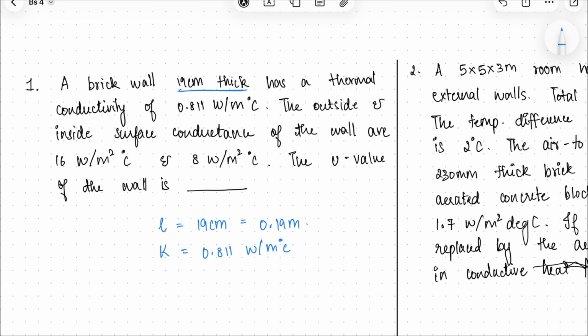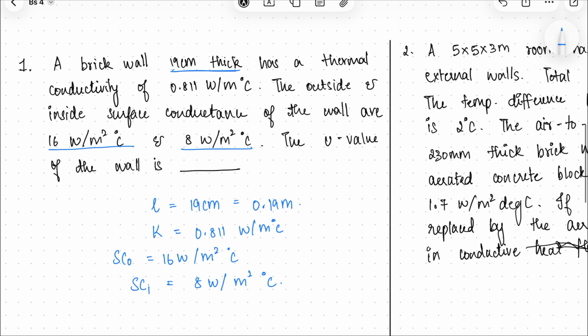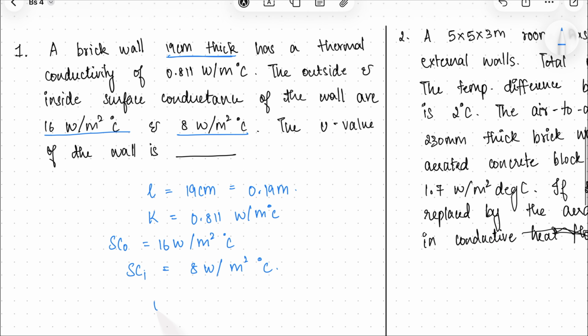And they have given us the surface conductance of the outer and inner wall. The outer surface is 16 watt per meter square degree Celsius, and the inner surface is 8 watt per meter square degree Celsius. They are asking us to find the U value.